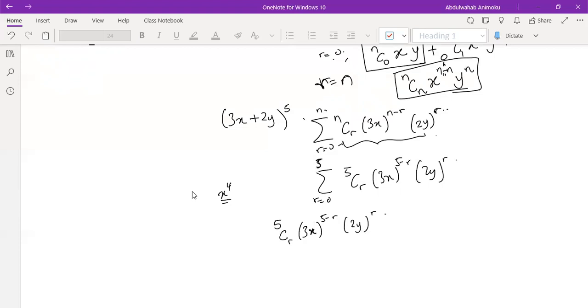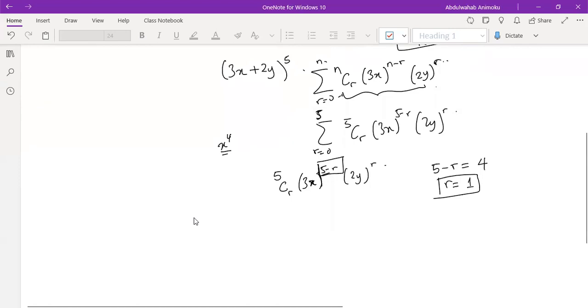Notice that we are going to have x raised to power 4 if this is equal to 4, because then 3x all raised to power 4 would give us x raised to power 4 in the expansion. So we're going to equate this to 4, which means our r must be equal to 1. So the term that would have x raised to power 4 is the term when r is equal to 1.